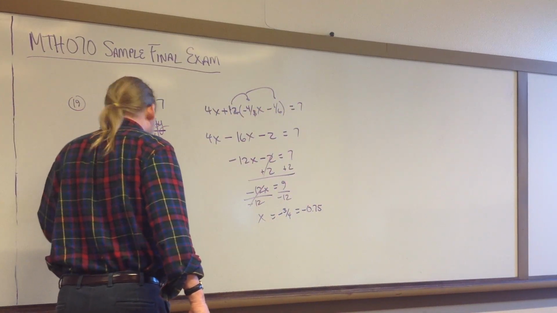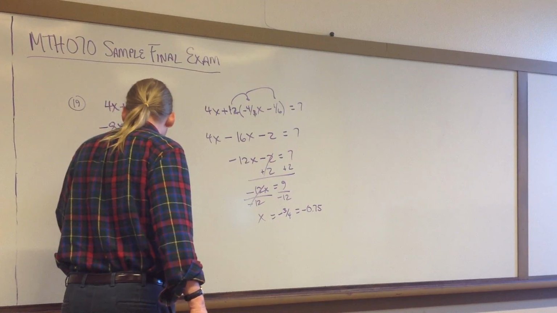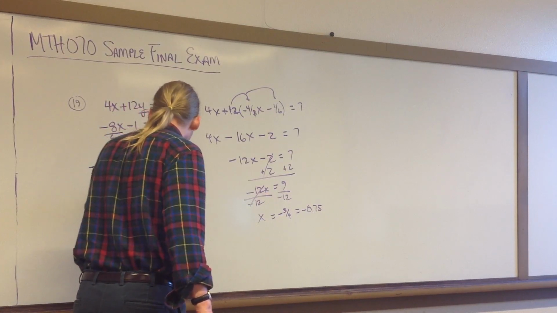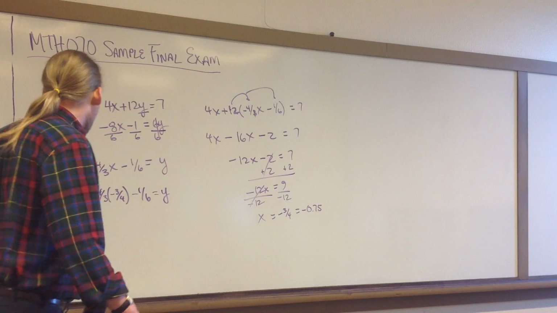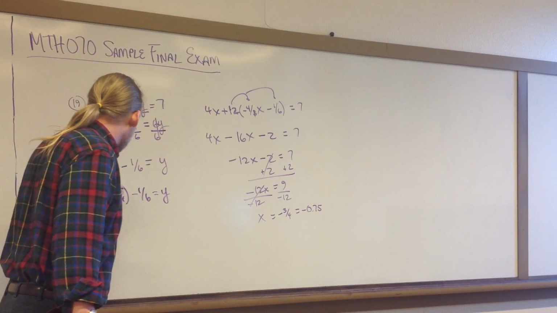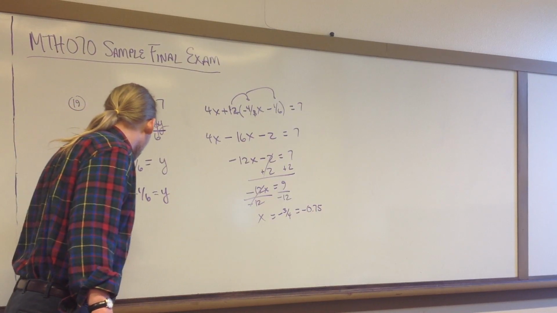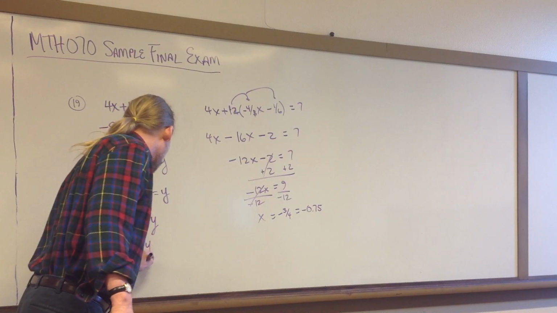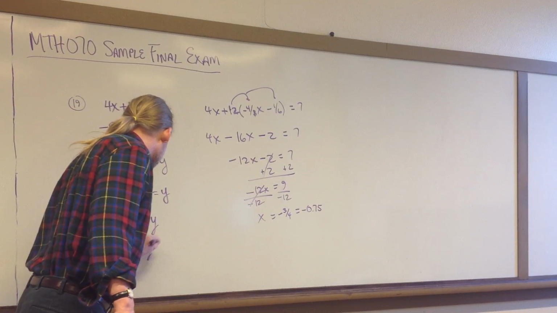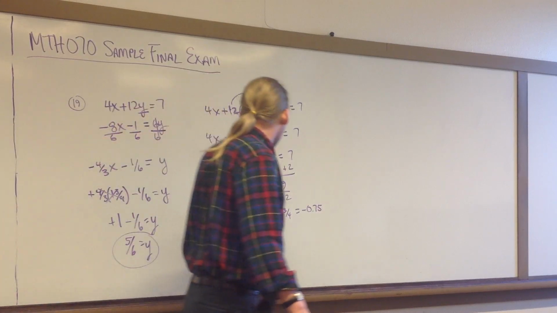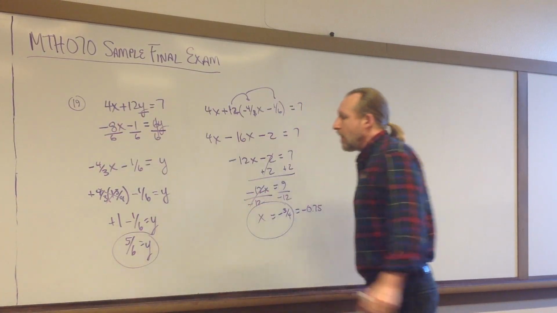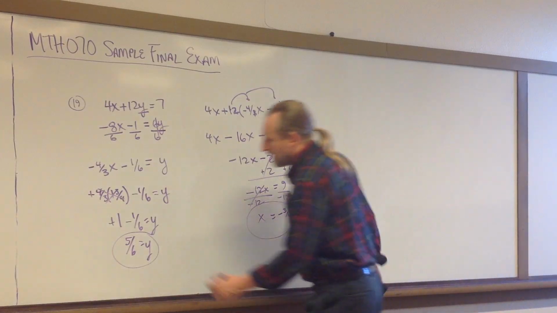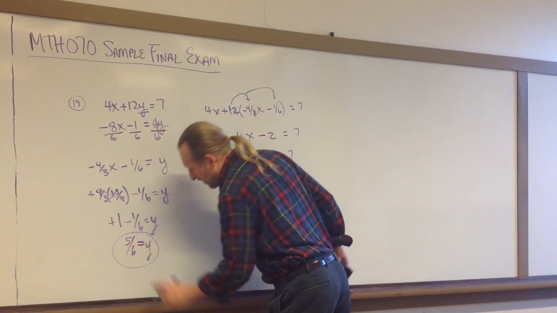Negative 4/3 times negative 3/4 minus 1/6 will be y. So this makes a positive 1. Minus 1/6 is y. So y is 5/6. And there we go. x is negative 3/4, y is positive 5/6. Okay?